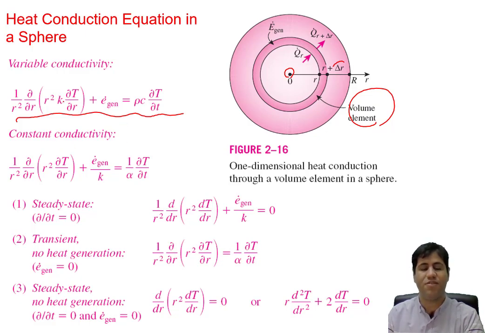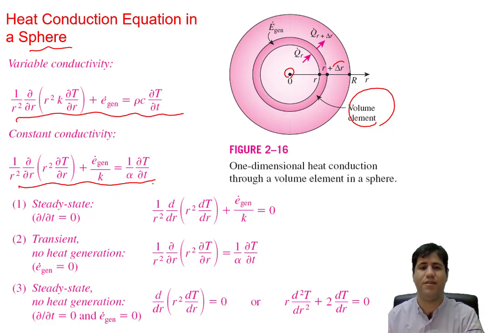If k is constant, we can bring it out of the equation, divide by k, then substitute k over rho c by alpha.